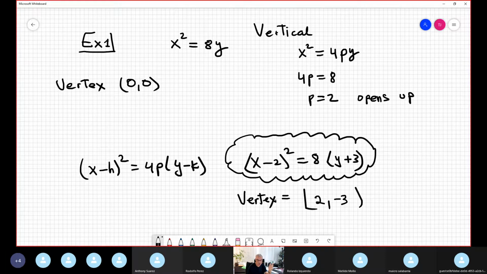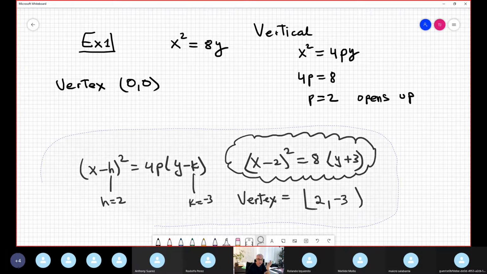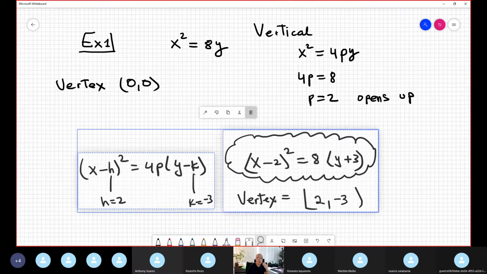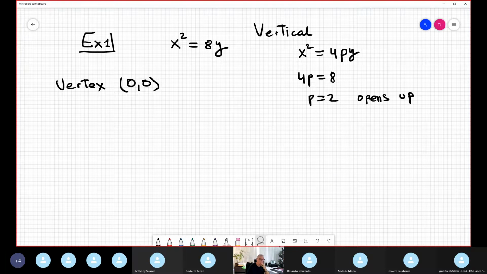Here h is positive 2, and negative and positive gives negative. However k is -3, because negative and negative is positive. But in our case I don't see any h or k, so my vertex is located at the origin. Clear?